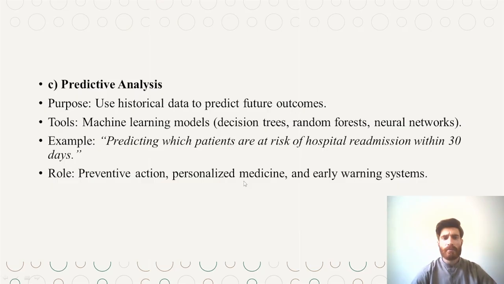You can make the code for every analysis through ChatGPT, DeepSeek, and Kimi-K2, whichever AI you are using. An example of predictive analysis is predicting which patients are at risk of hospital readmission within 30 days. The role of this analysis is preventive, personalized medicine, and early warning systems.